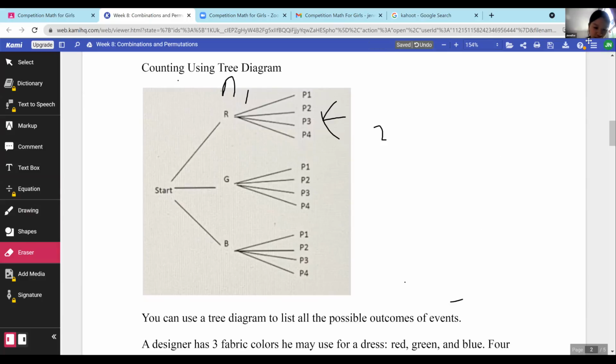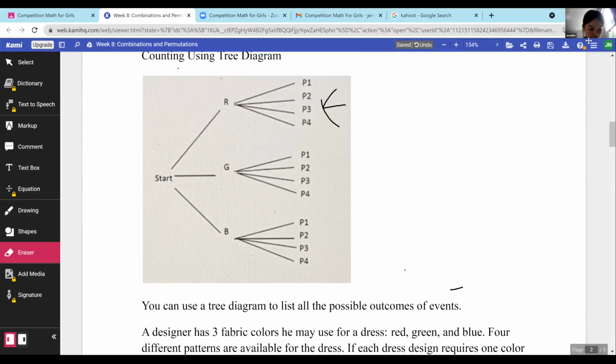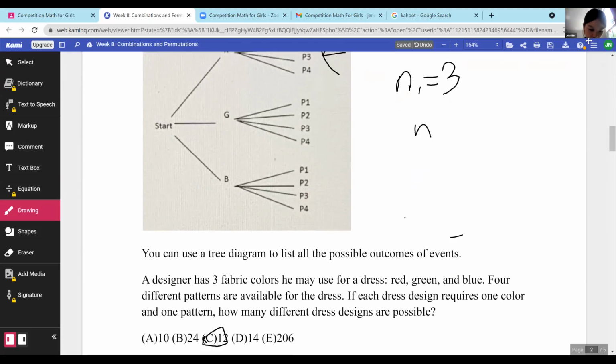Here, if you look at this problem, in this case, n1 is equal to 3 because there's 3 fabric colors here. And it says 4 different patterns are available for the dress.